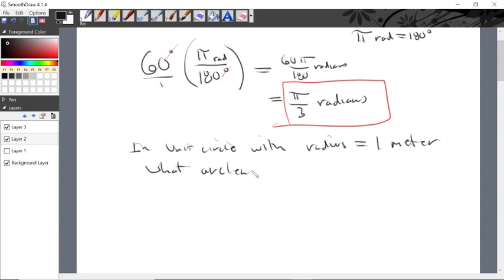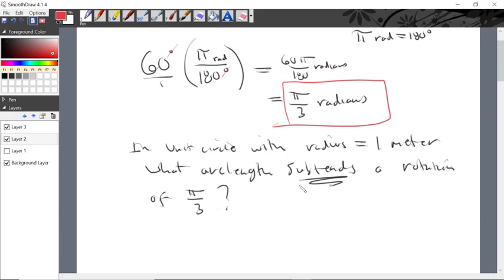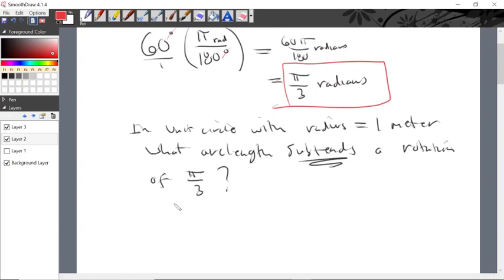What arc length, I'm going to use this word, subtends a rotation of pi over 3. Okay, so subtends, by the geometric definition. So it's going to be the distance along the arc over that angle. A rotation of pi over 3.